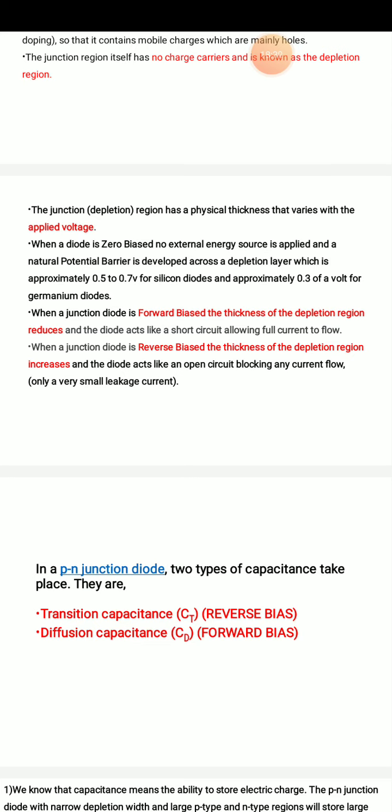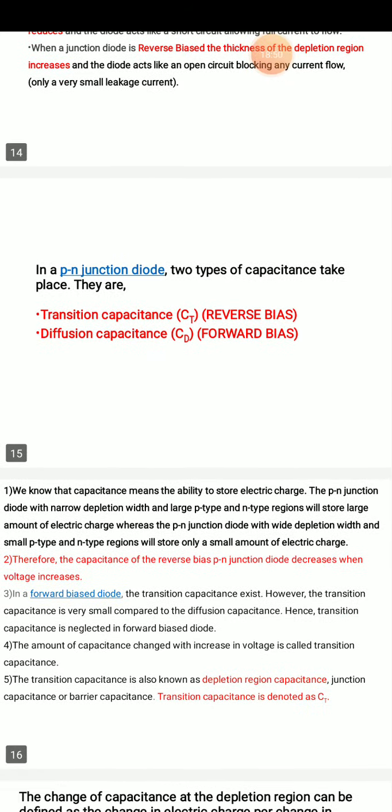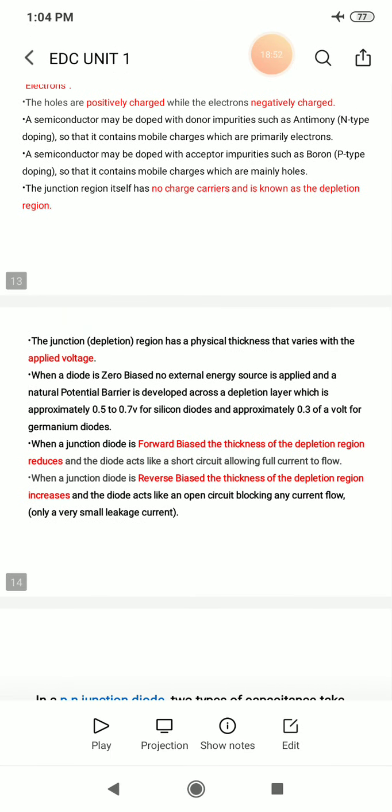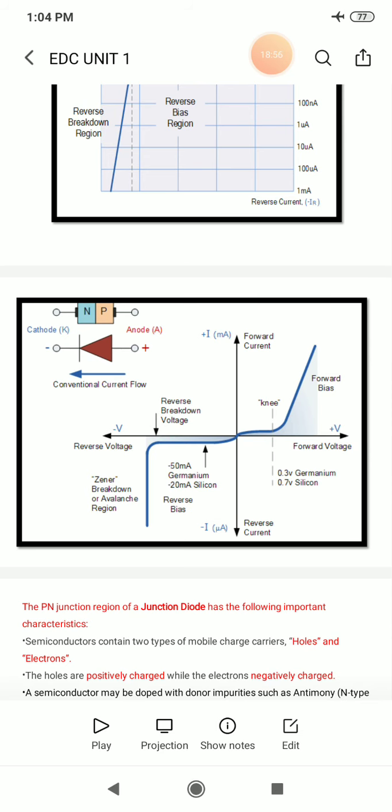In reverse bias, the thickness of the depletion region increases and it acts as an open circuit, blocking current flow. Only a very small leakage current is there in reverse bias mode. This is how the PN junction diode works.